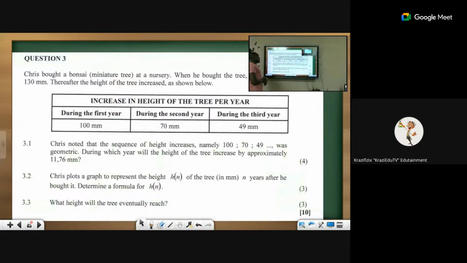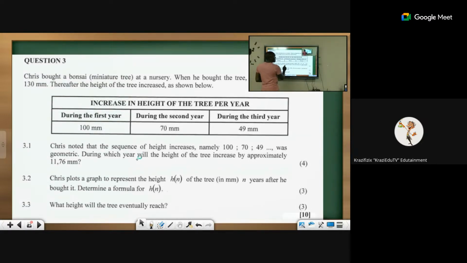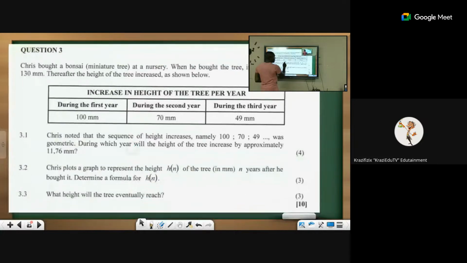The bonsai. Application. Chris bought a bonsai, a miniature tree, at a nursery. When he bought the tree, okay, a few things are covered there. Let me do this because I want us to read the whole statement.